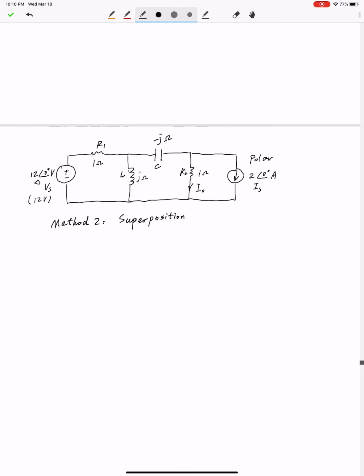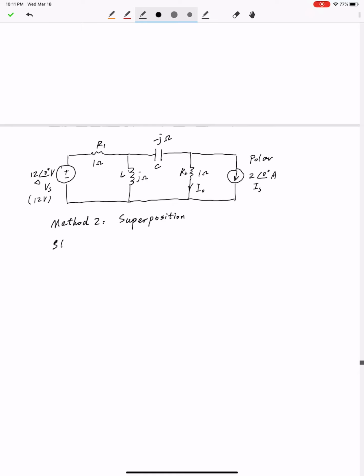And by repeating these steps for all sources, we get different values, and eventually we sum all results together to get the final result, right? So let me show you how to do that.